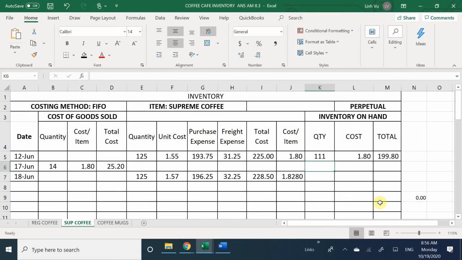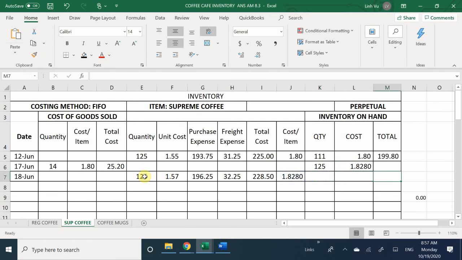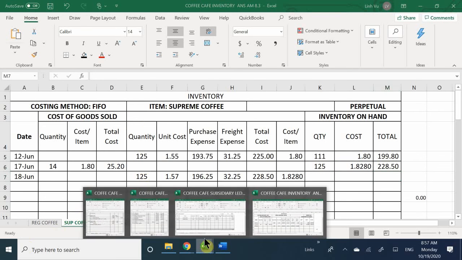The same information, what we received. So 125. Good. Okay, at $1.83, giving me a grand total of 228.50.